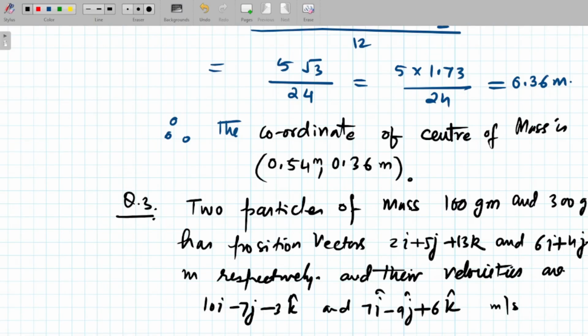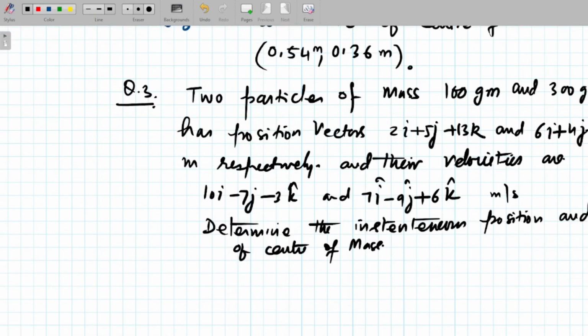Determine the instantaneous position and velocity of center of mass. Give it a try. Apply the formulas.